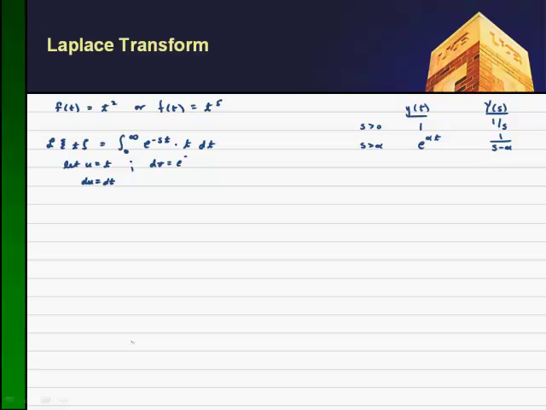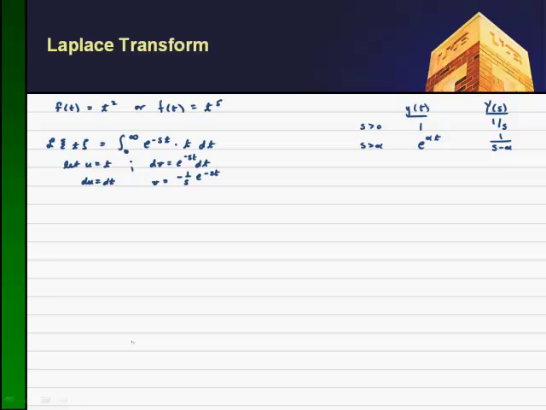We get dv is e to the minus st dt, so v must equal the integral of e to the minus st dt, which is negative 1 over s e to the minus st. So the integral of u dv is going to be uv minus the integral of v du.